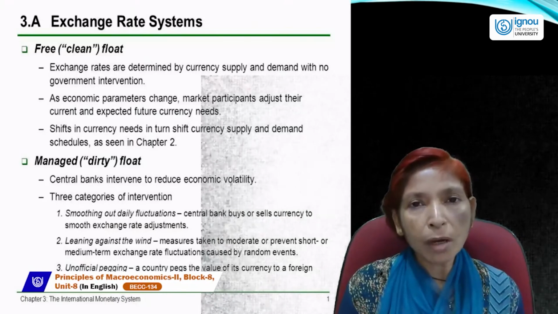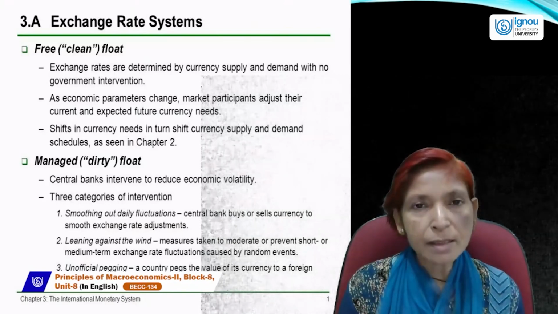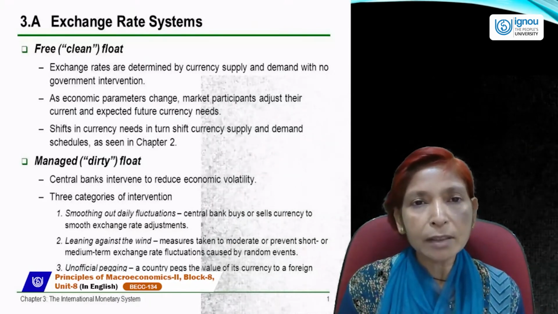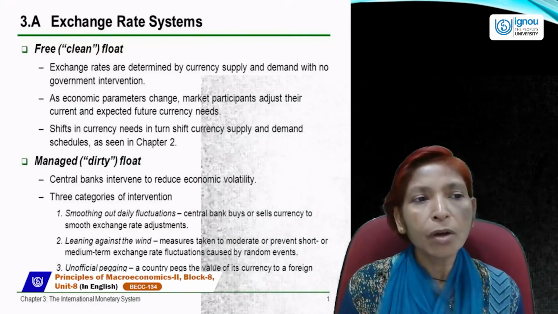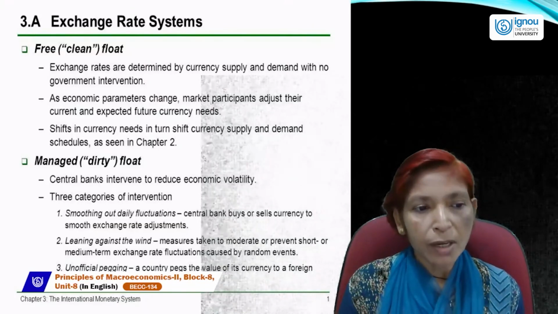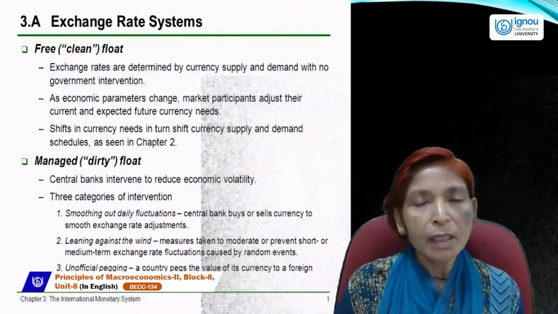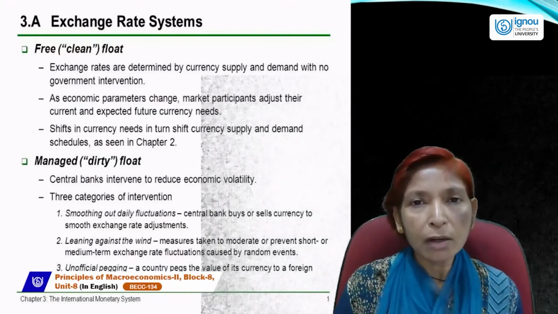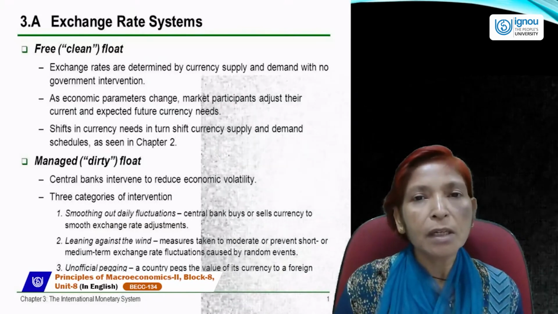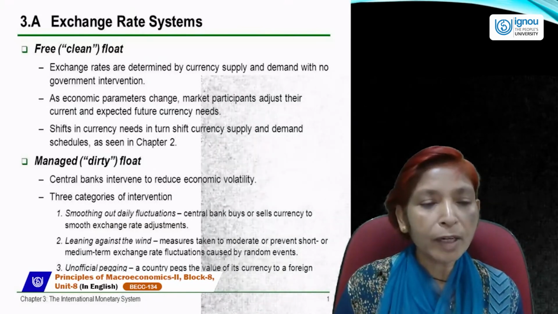If there is no government intervention, that floating exchange rate system is called a free or clean system.